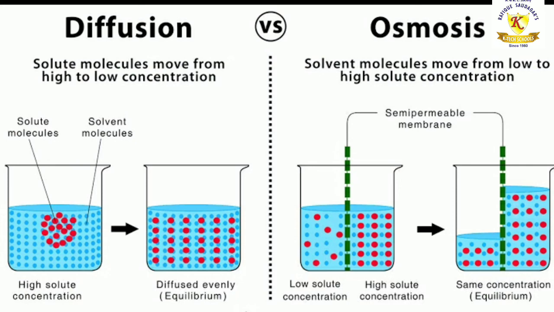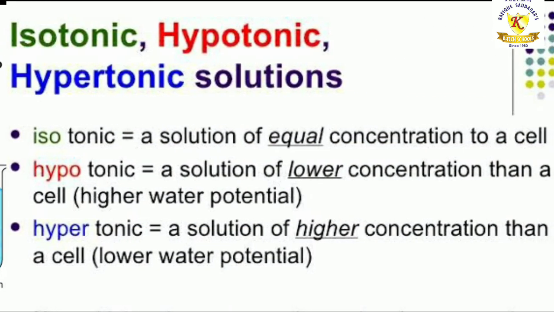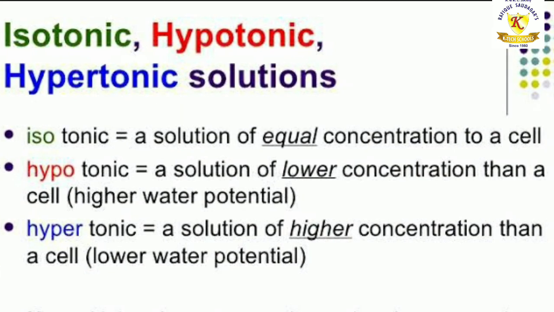Okay children? Now the next which we have learnt is isotonic, hypotonic, hypertonic solution. So what is isotonic solution? A solution of equal concentration to a cell. Hypotonic, a solution of lower concentration than a cell.